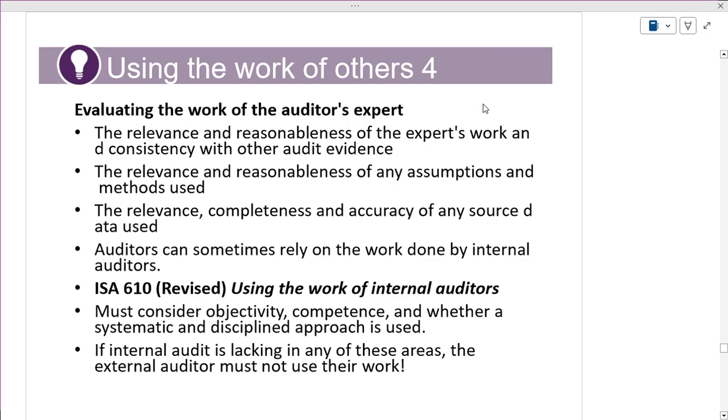Now, what it says is the relevance and reasonableness of the expert's work. It should be relevant and reasonable. When you are taking the work of an expert, there should be some justification, with respect to consistency and audit evidence.